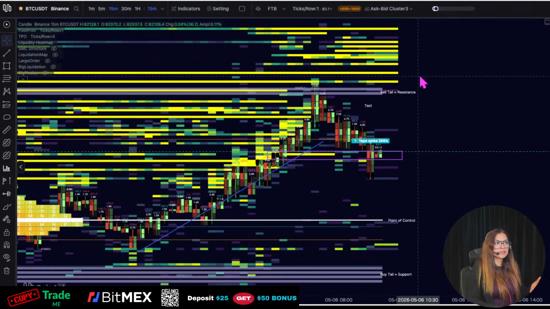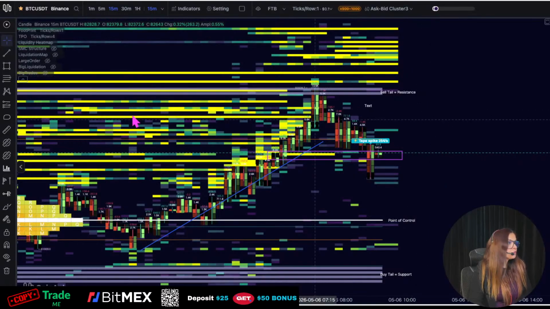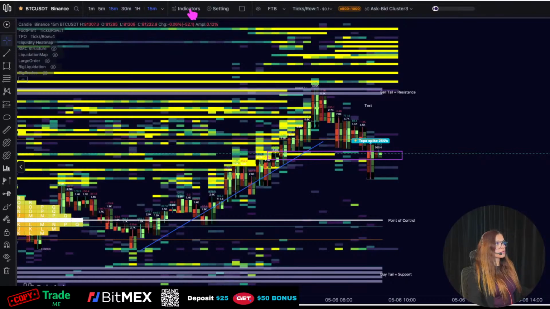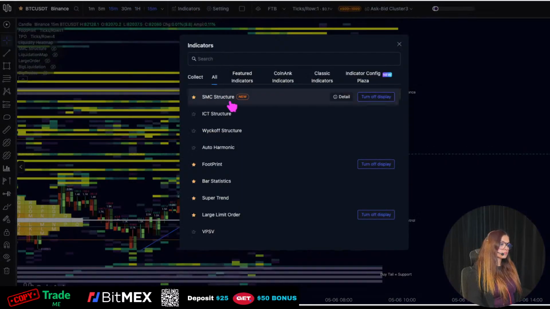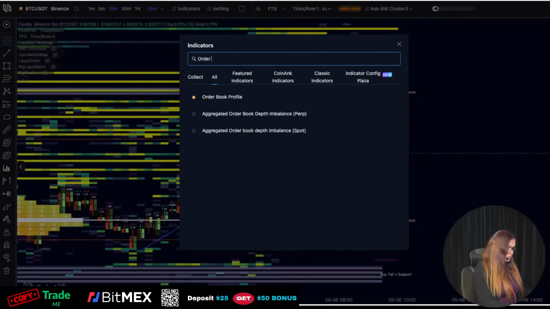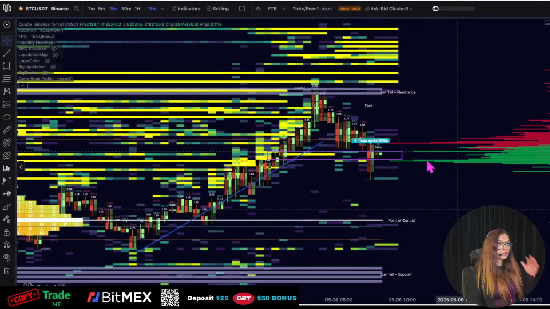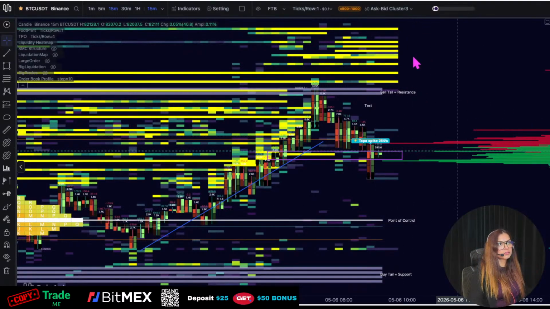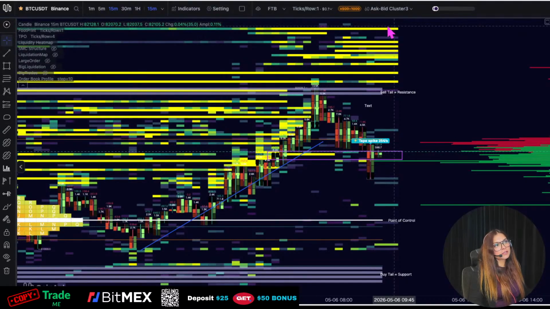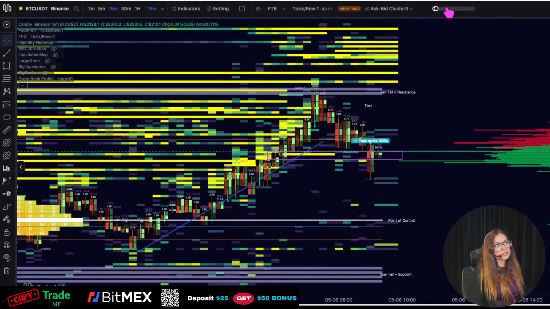Now, if you look at the next thing, which is the order book, I'm just going to bring that up here. Order book profile, there we go. Before we go on to the order book profile, actually, if you look at the liquidity heat map, you can adjust this little thing here.